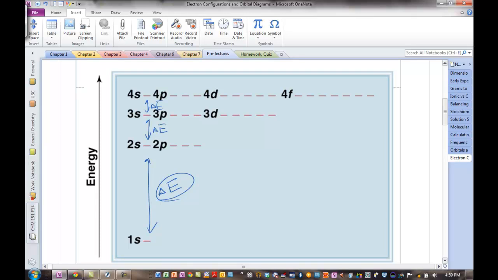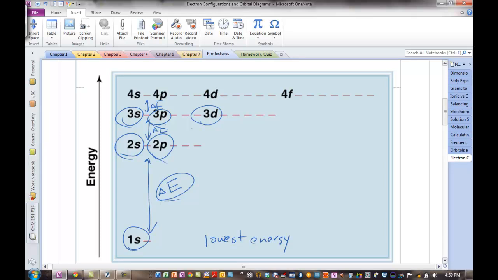Now, you might think when we start to fill the orbitals, we're going to fill from lowest energy, which is the 1s. We're going to start with the most stable place for the electrons, and then we're going to work our way up. So you would think probably 1s, 2s, then 2p, 3s, 3p, 3d, and so on.